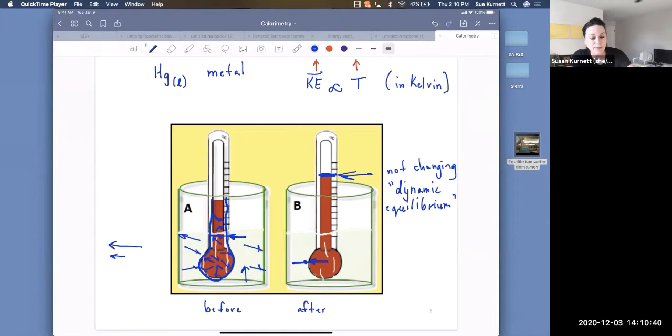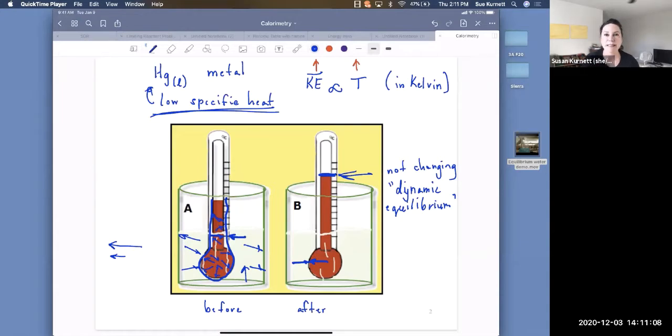Another really cool thing about mercury is that it has a very low specific heat. Okay, and this is an idea I'm going to talk about next that is important in this chapter.